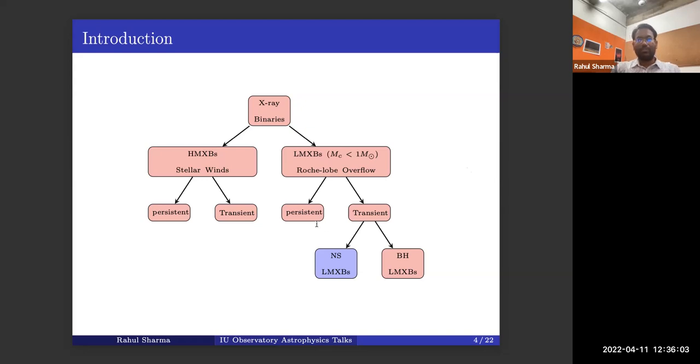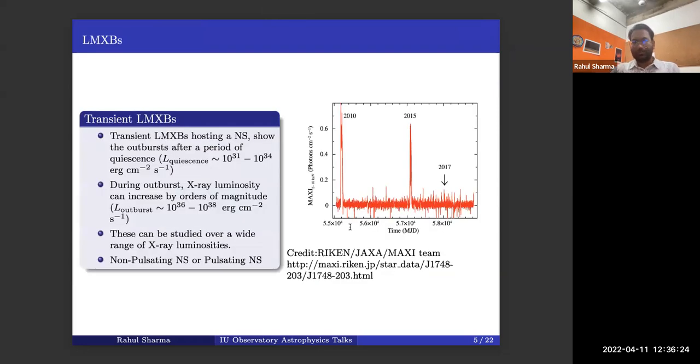They also show different kinds of evolution during the outburst period. In high mass X-ray binaries this classification is also there, like neutron star and black hole high mass X-ray binaries. Generally, neutron stars in high mass X-ray binaries are observed as pulsars because they have a very strong magnetic field. But my focus is on low mass X-ray binary transient neutron stars, which generally show pulsation.